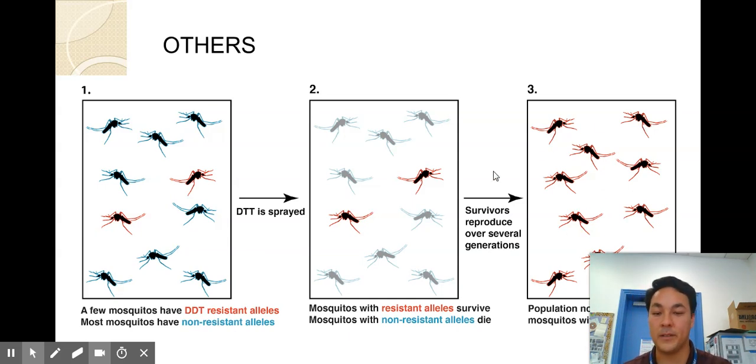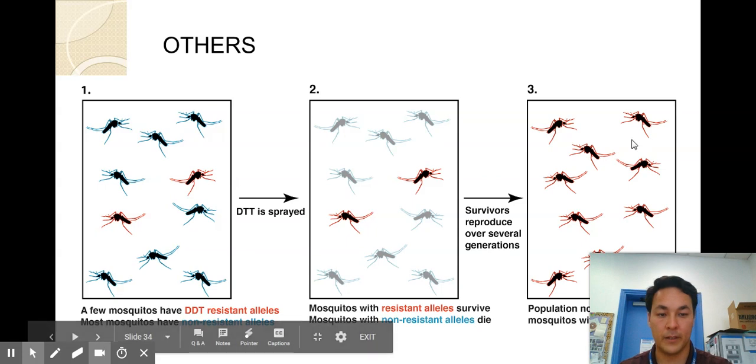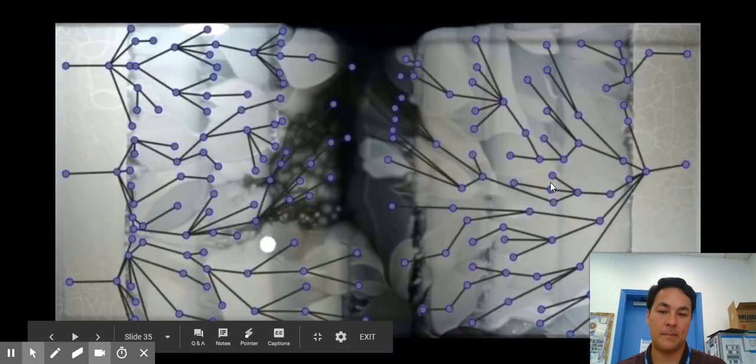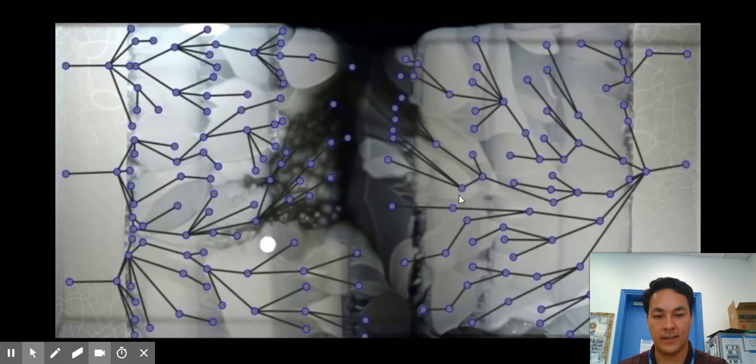So those who had a mutation that helped them survive the insecticide, they're more likely to be around and reproduce. Same thing with that bacterial megaplate that we watched. It was increasing concentrations of antibiotics, and the bacteria evolved. Those bacteria with mutations that let them live were able to go on, and they were able to survive and reproduce.